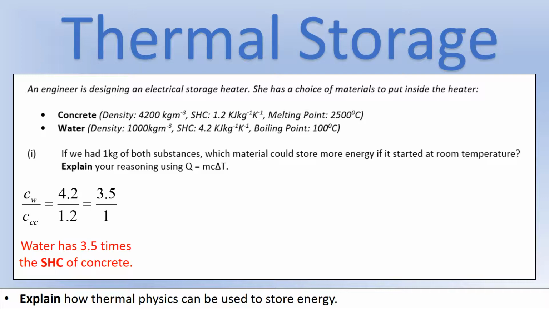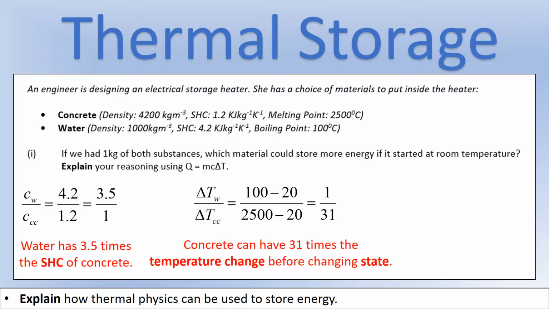Let's now have a look at the possible temperature rise we can get. Before we start boiling water and have it turn into a gas, which would cause us quite a big problem if we're trying to store thermal energy, because it would start expanding and pressurizing inside the heater, we can only take water up to a maximum of 100 degrees before that becomes a problem. With concrete, we could take it up to a maximum of 2,500 degrees.